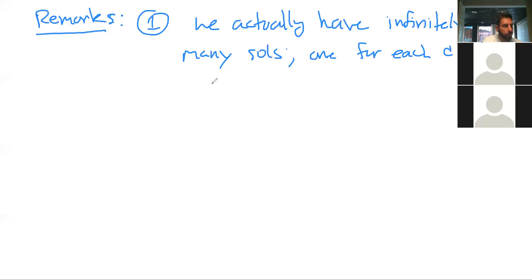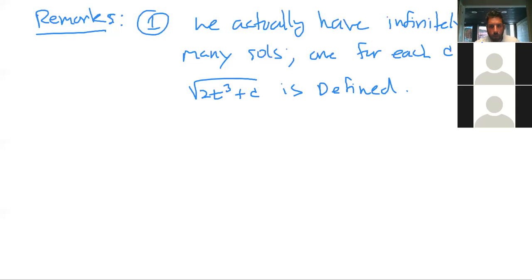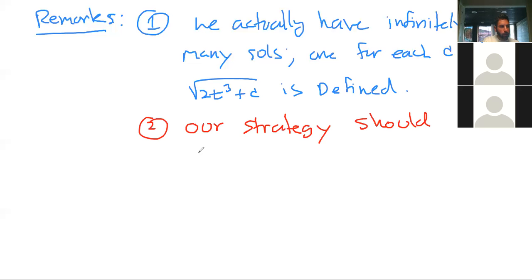So let's be more precise: it's 2t cubed plus c that needs to be defined. And the second remark is that our strategy should apply to many equations.